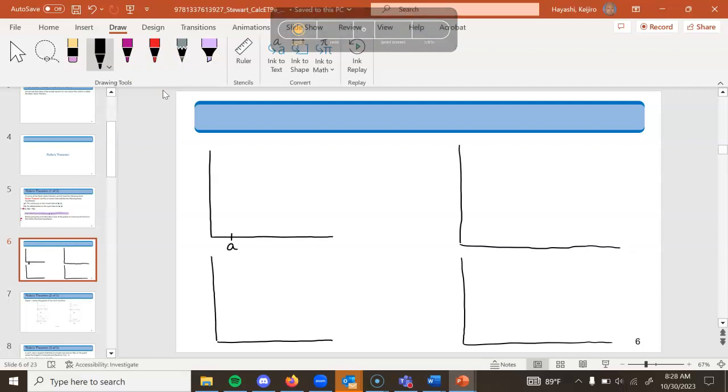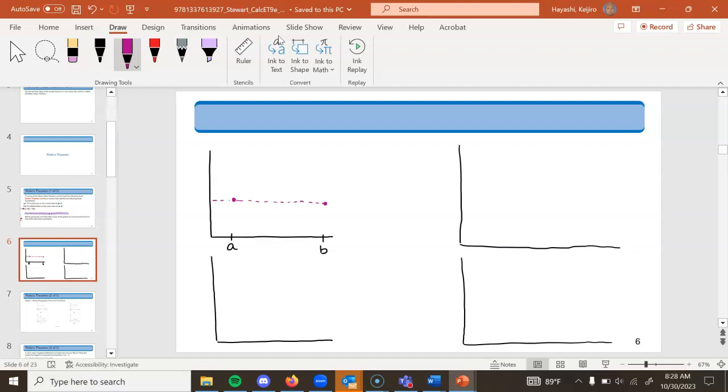So let's say on each of these graphs there's an interval that goes from A to B. And whatever level you're at when you're at the endpoint A, you're at the same level when you're at the endpoint B. Like these are the same. Now just draw any function that connects these two endpoints.